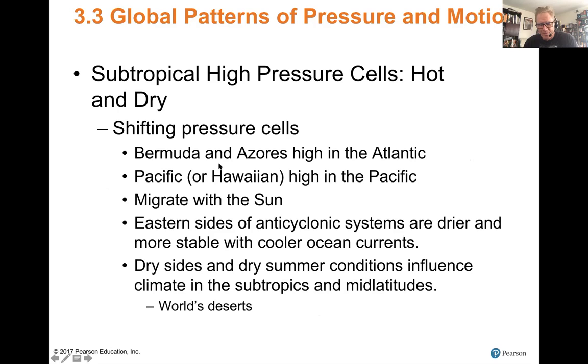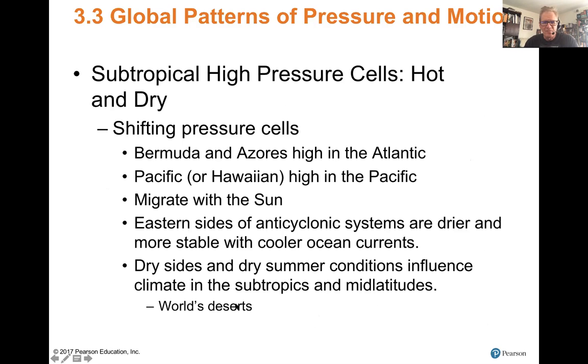Usually the one in the Pacific is called the Hawaiian high. The one in the Atlantic, it moves back and forth. It's got seasonality, so it's Bermuda or Azores high, migrates with the sun. Okay, and again, they're drier and more stable with cooler ocean currents.